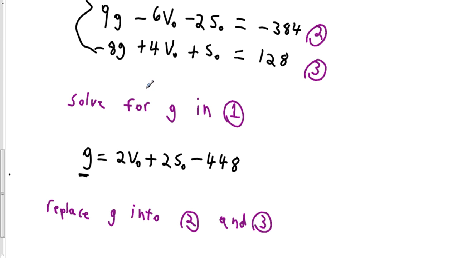So basically, instead of g here, I'm going to write 9 times 2v naught plus 2s naught minus 48. I'm going to replace that g with what g equals.